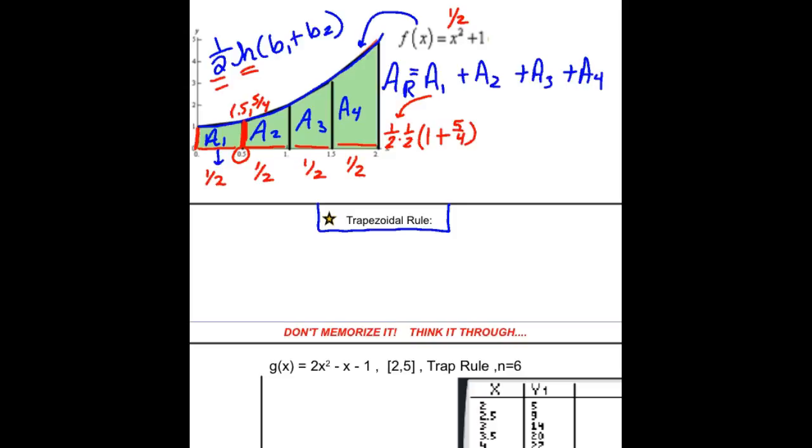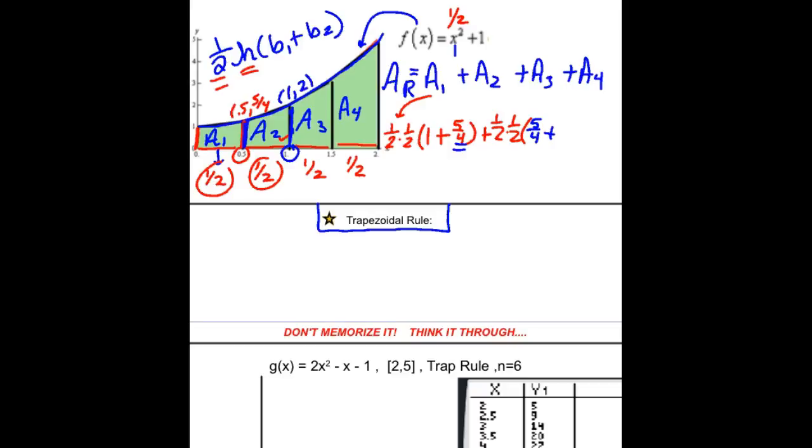There's trapezoid number 1. Trapezoid number 2 has the exact same height, so I would do 1/2 of its height times the sum of its bases. Its left base is this, which I already calculated, 5/4, plus its right-hand base is what I get when I put 1 into the function, because this would be the point 1 comma 1 squared plus 1.